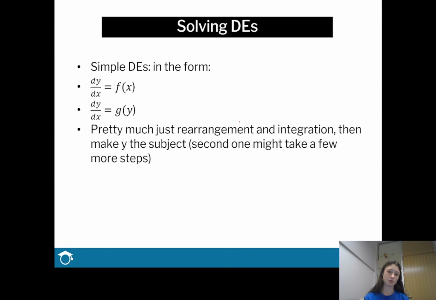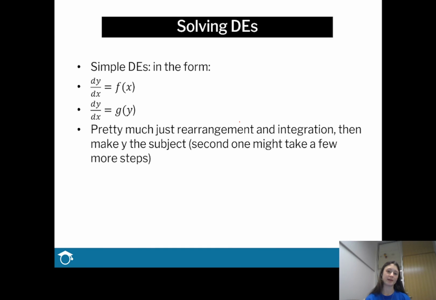So this is solving derivative equations in the form either f of x or g of y. So in f of x, pretty simple.